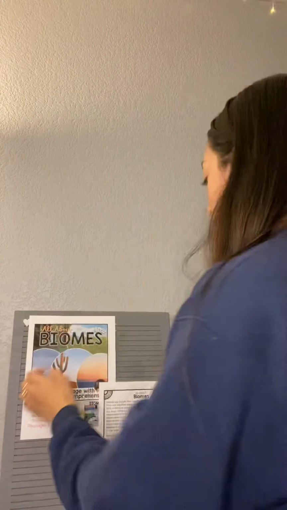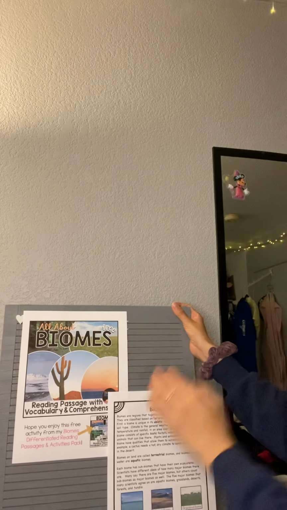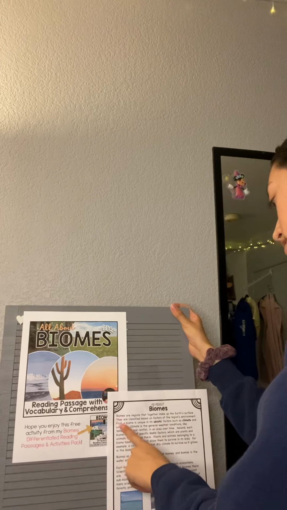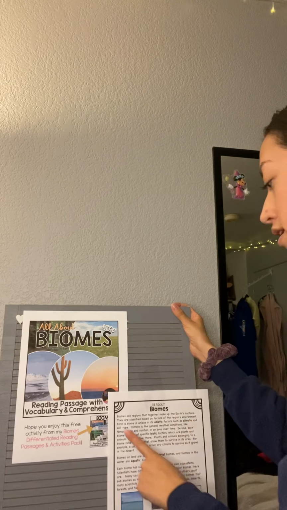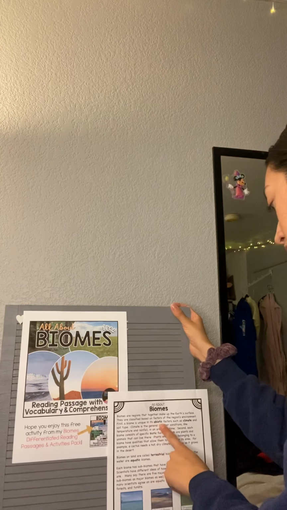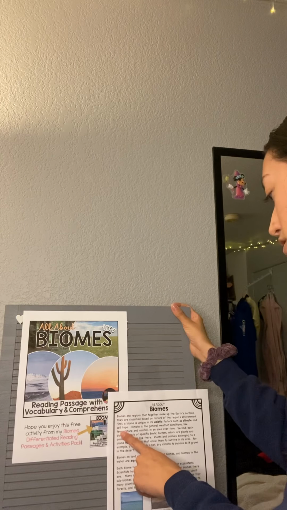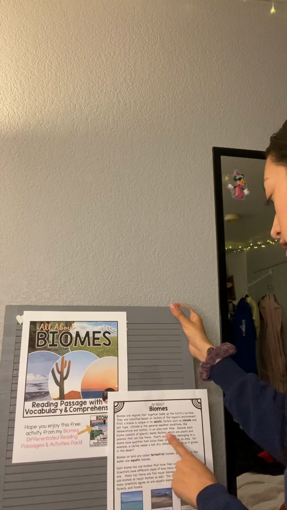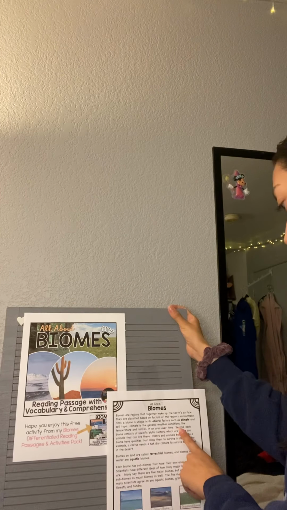So I'm going to read the biomes. Biomes are regions that together make up the Earth's surface. They are classified based on factors of the region's environment. First, a biome is unique in its abiotic factors such as climate and soil type. Climate is the general weather conditions like temperature and rainfall in an area over time.